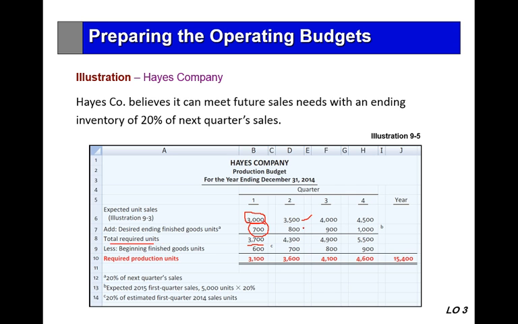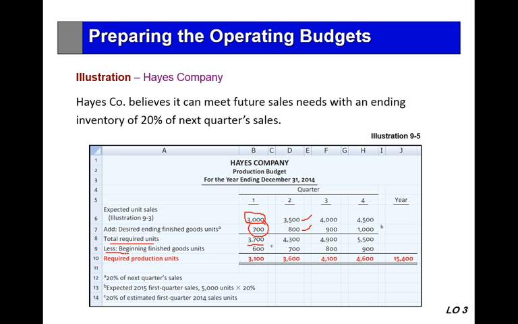Similarly, for the second quarter, we anticipate selling 3,500 units, and we want 800 to remain in the store. Then we want to produce 3,500 plus 800 equals 5,300 in the second quarter, and third quarter 4,900, 5,500 for the fourth quarter, etc.